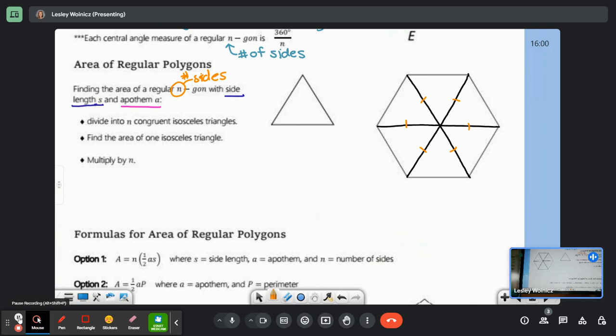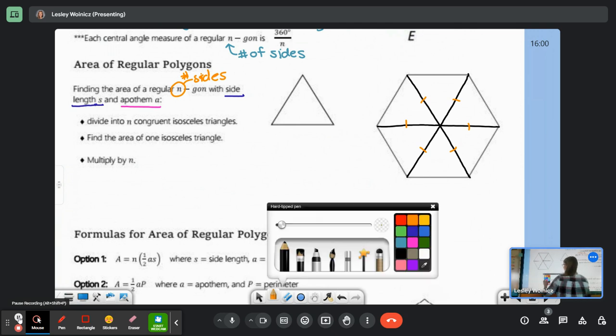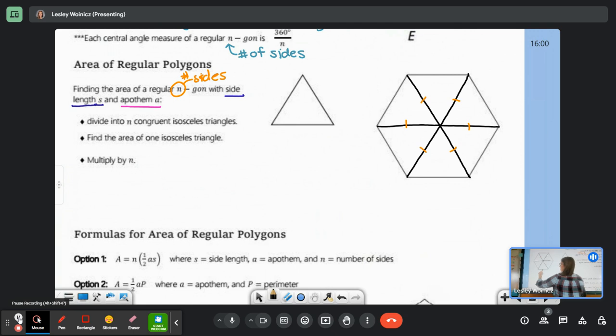Step 2, we're going to find the area of one isosceles triangle. So I just took this one right here and put it right there. Let's label it. Each of these is a side, right? So what's this?